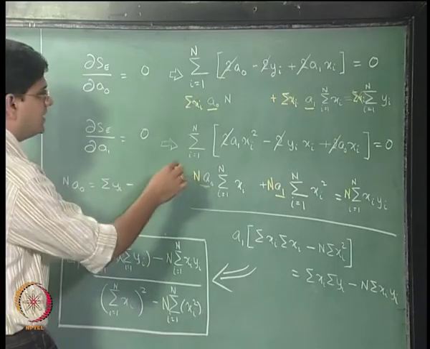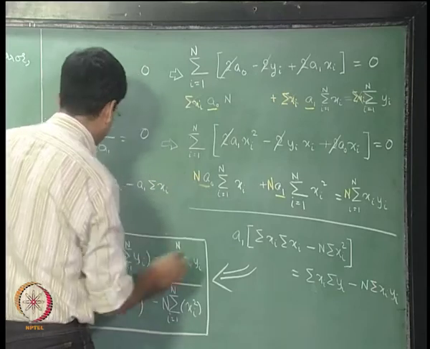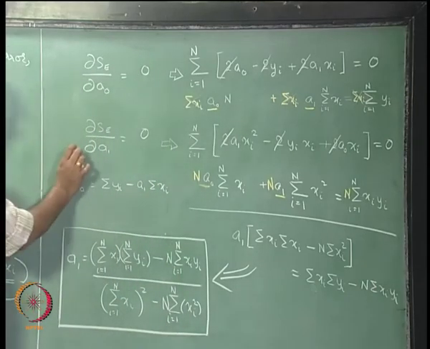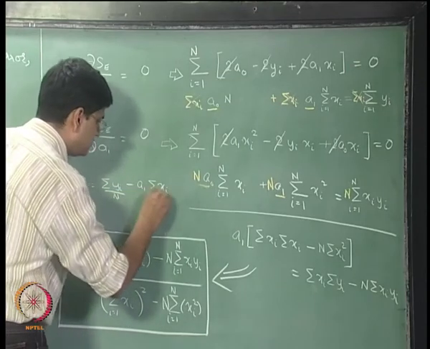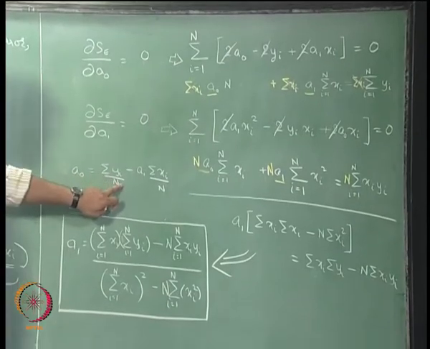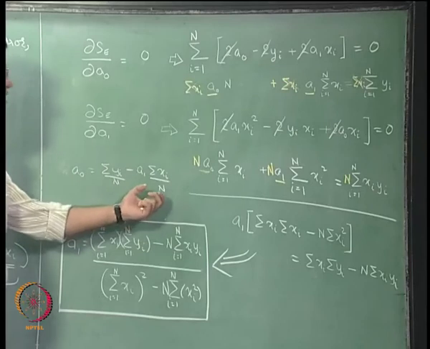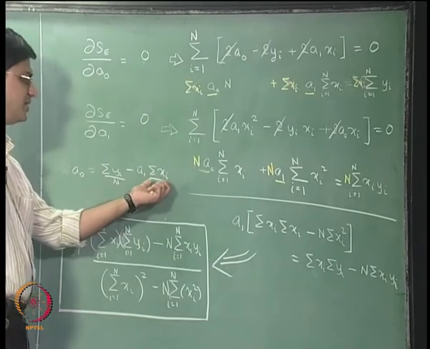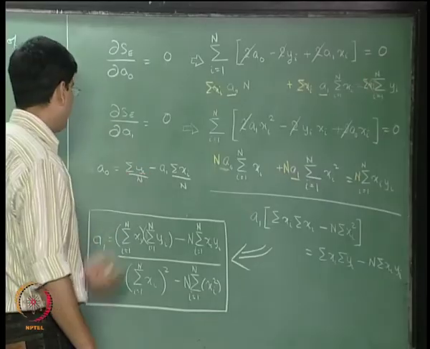Now you divide throughout by n, we will have summation of yi divided by n minus A1 times summation of xi divided by n. If you recognize this, this is nothing but average of xi and this is nothing but average of yi.